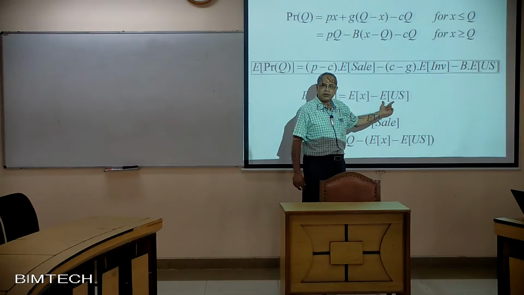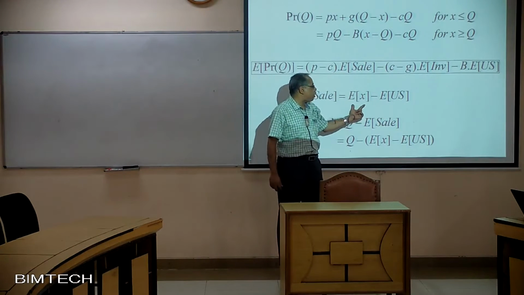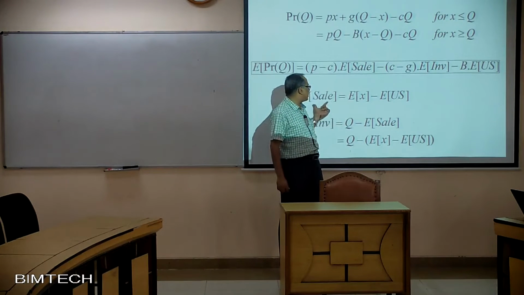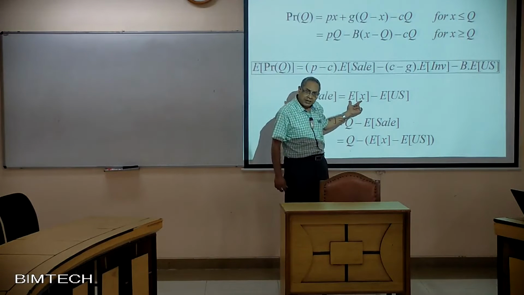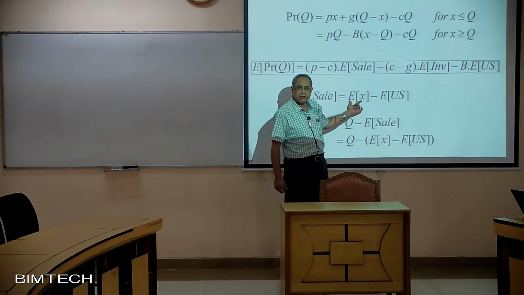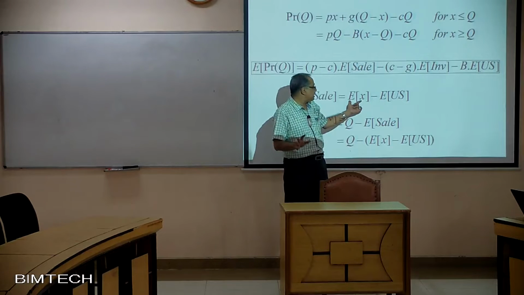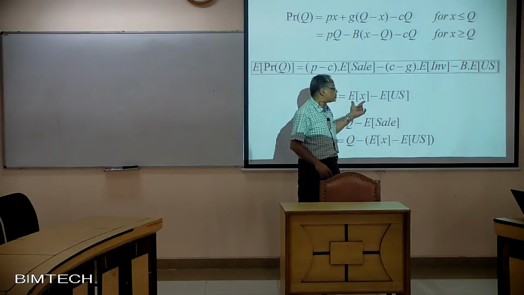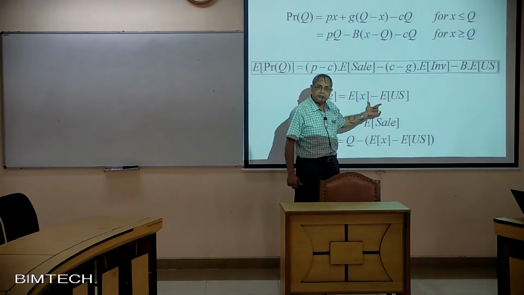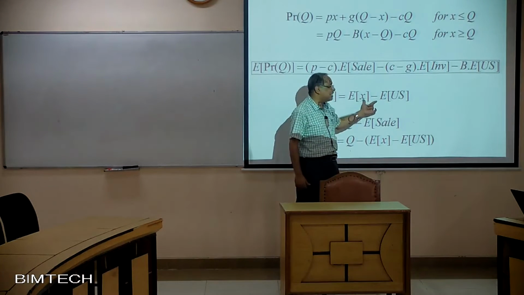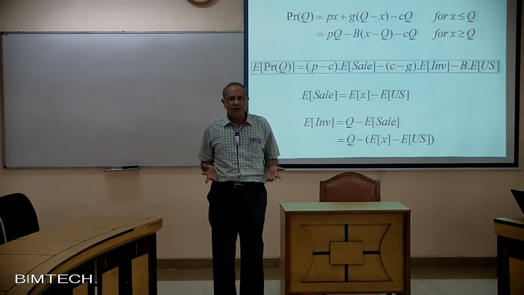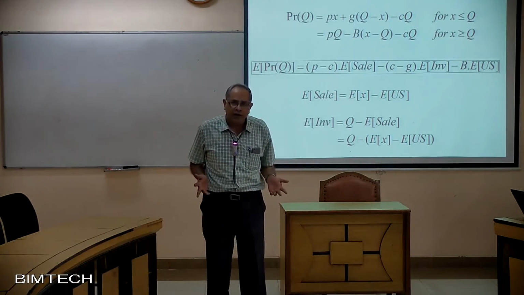And when is that going to happen? That is going to happen when my order quantity is going to be more than the demand. So whenever the order quantity is more than the demand, my expected sale is going to be exactly the expected demand, the mean value of demand. But then there are going to be times when the order quantity is less than the demand, and whenever the order quantity is less than the demand, then we are only able to sell the order quantity and not the demand.